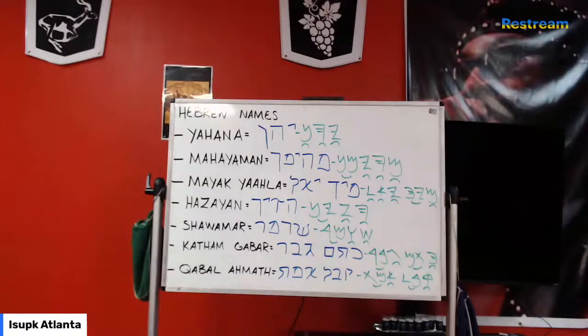Pronounced Kathumgabar. And lastly, General Q, General Quabal Amath. Spelled Qua, Ba, La, A, Ma, Tha. Pronounced Quabal Amath. All right.